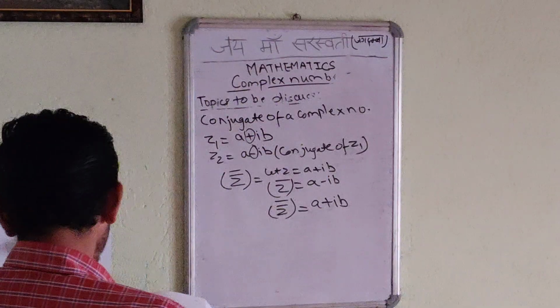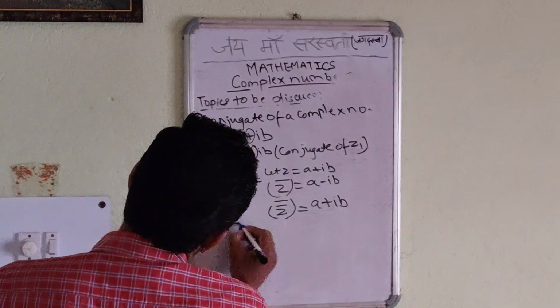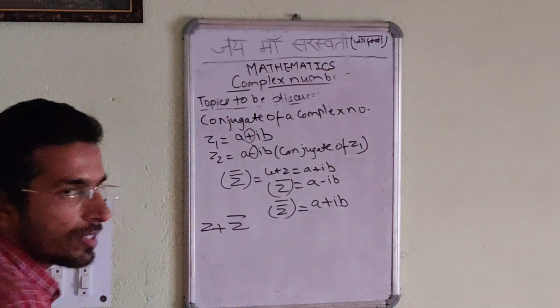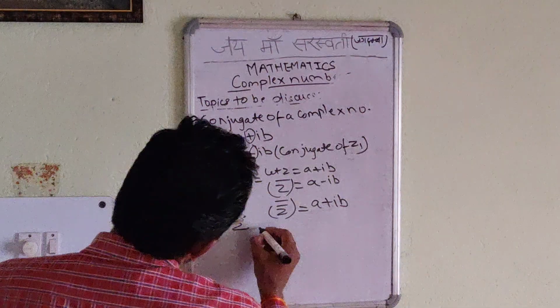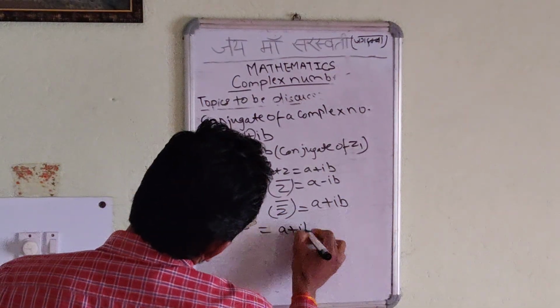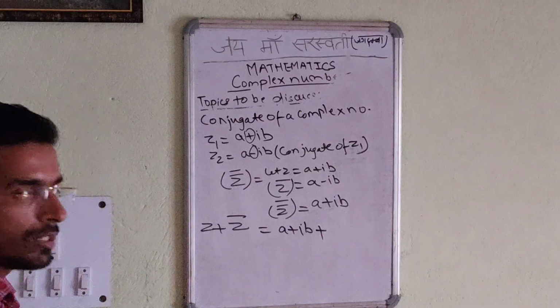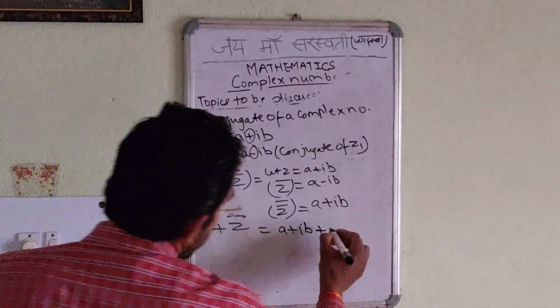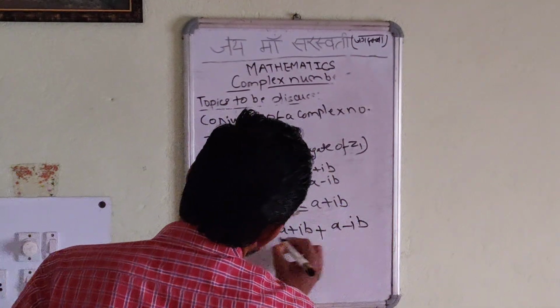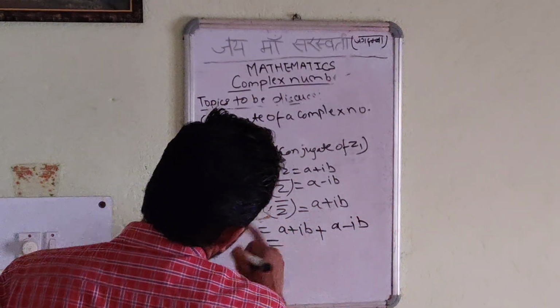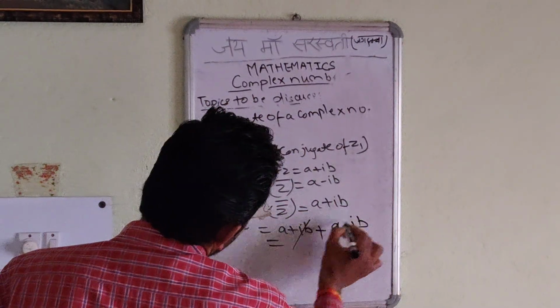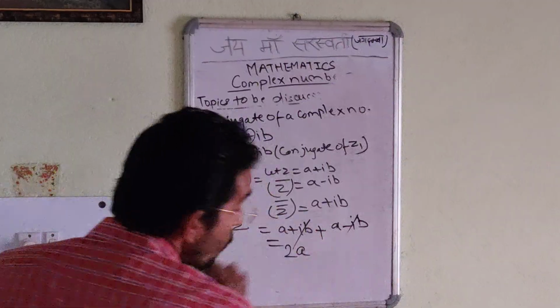The second property is z plus z conjugate. Suppose z is equal to a plus ib and the z conjugate is a minus ib. In this case, if we add both the complex numbers, we find it will be 2a.